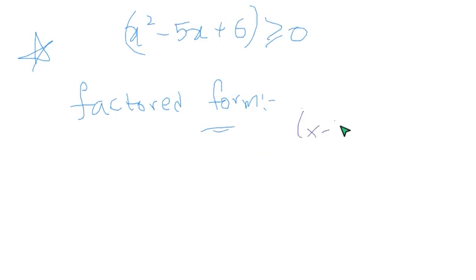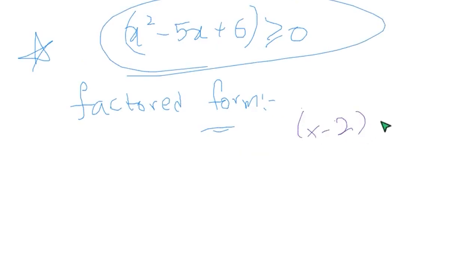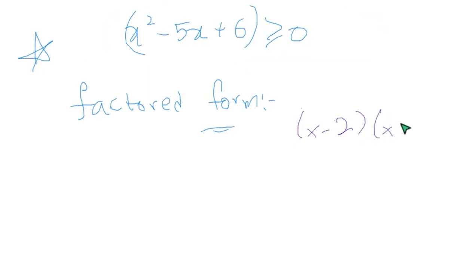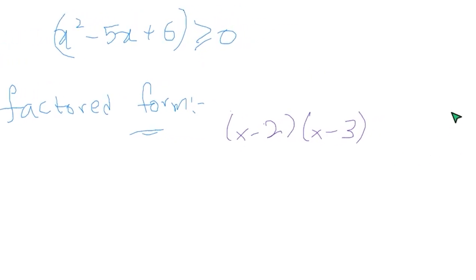Right there, write this question as it is, but in terms of factored form. So (x minus 2) into (x minus 3) greater than or equal to 0, right?